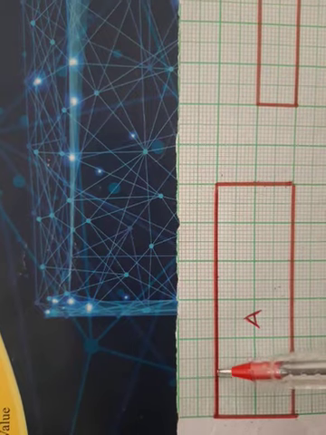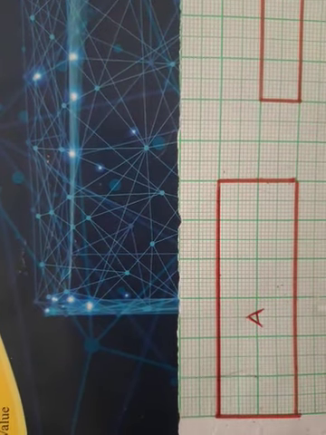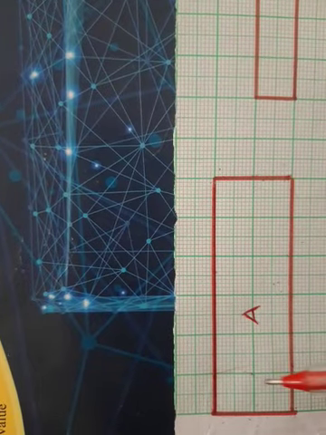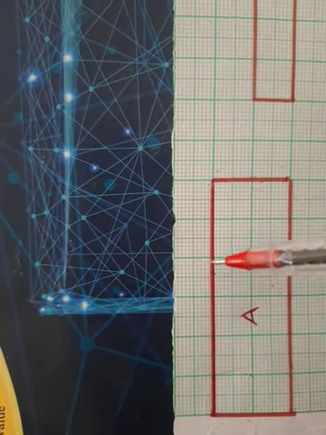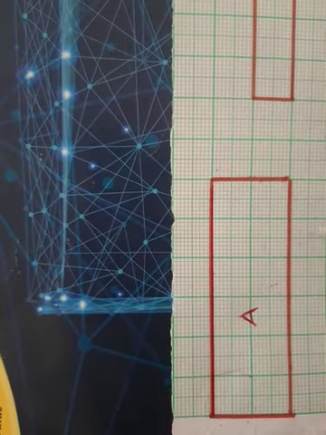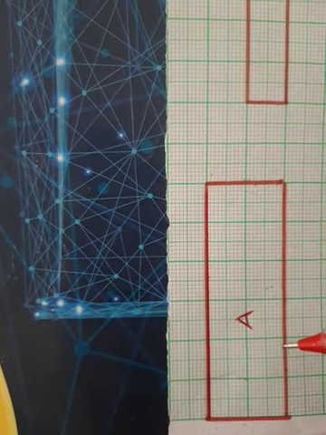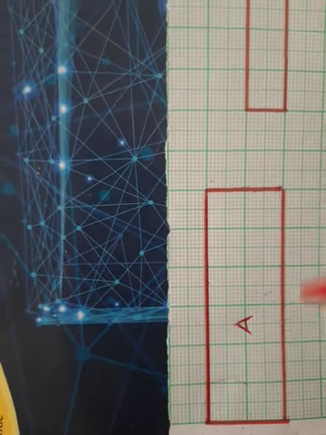So all the squares have the same length, and these squares are 16 in number. So the total length of the boundary of the rectangle is equal to 16 centimeter.